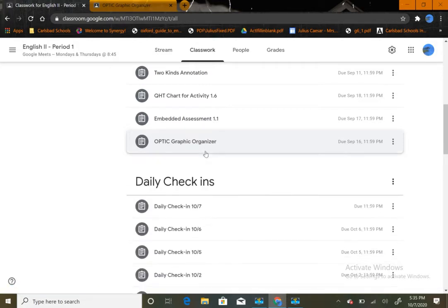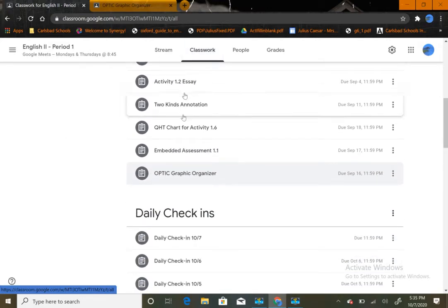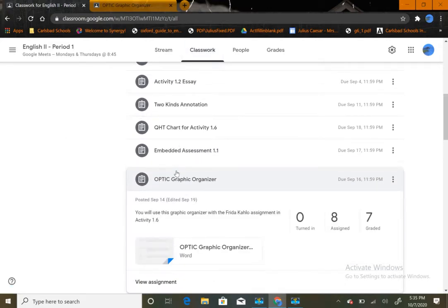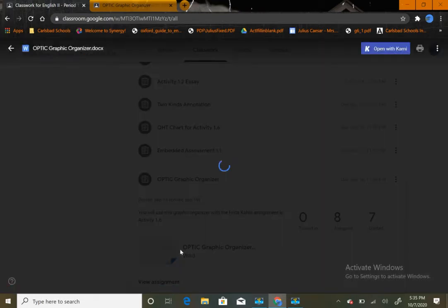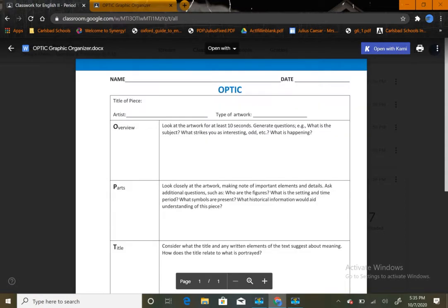So all I'm going to do is it's under my classwork, under assignments. I'm going to click right here where it says OPTIC Graphic Organizer, click on the document. I am going to open this up in a Word document.